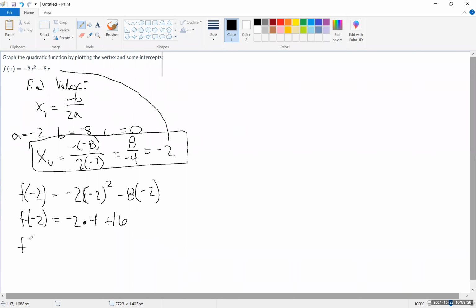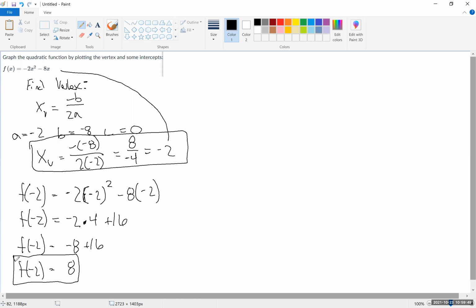So f of negative 2 is negative 2 times 4, which is negative 8, plus 16. I know I'm writing everything out; you could just use your calculator and not write hardly anything. But this is it right here. That's the y value of the vertex.